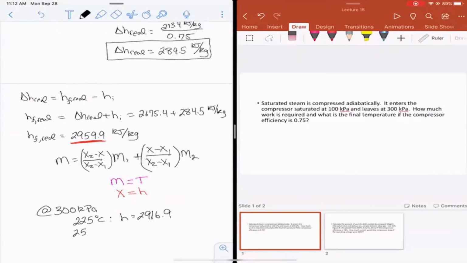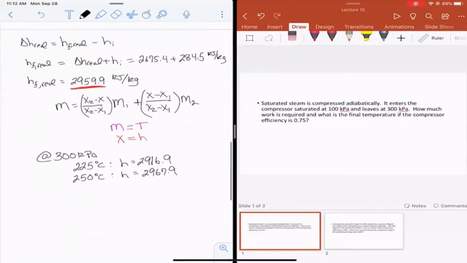And at 250 degrees C, the enthalpy value is 2967.9 kilojoules per kilogram. And obviously this one is just a little bit above our calculated value, and this one is below. So we should be able to use this exact formula to find the final temperature.